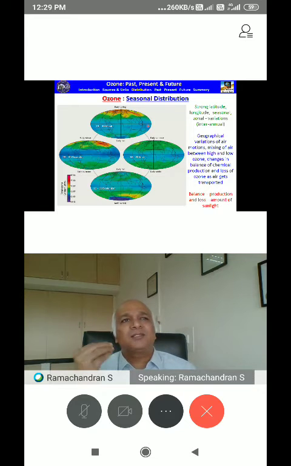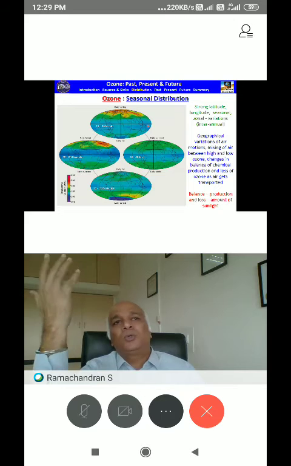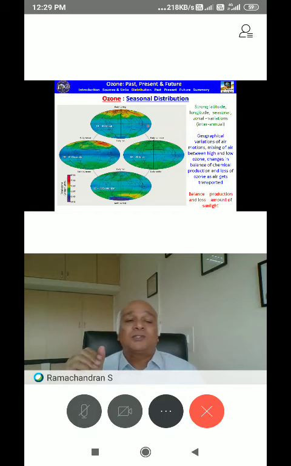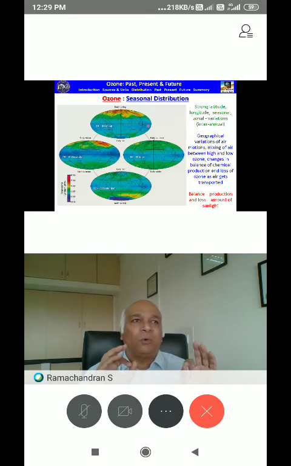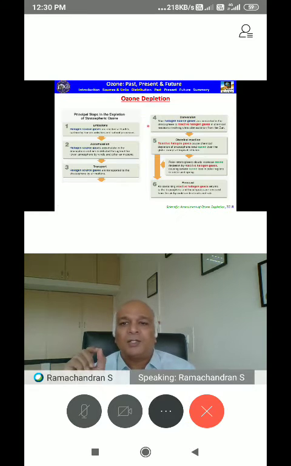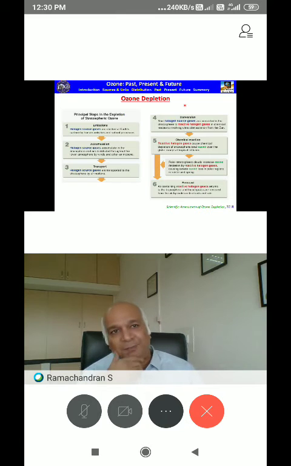Typically the residence time of ozone varies from a few hours at lower altitudes to weeks to months in the lower and upper stratosphere. The amount of ozone present in the atmosphere is maintained by a balance between production and loss, which depends on the amount of sunlight available. Okay, ozone is produced now. How does it get depleted?